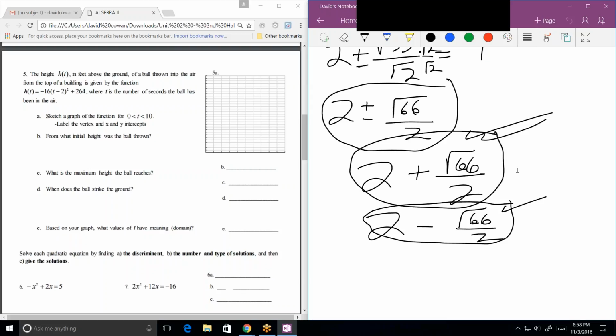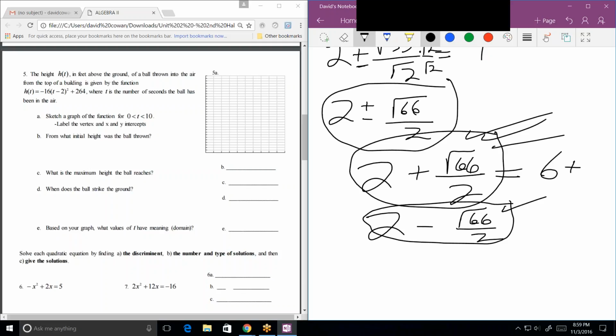Based on your graph, what values of t have meaning? It'd be anything between 0 and 10. Actually, it would be anything from 0 to this number. In other words, after it strikes the ground, it doesn't keep going. So let's round this off and call it 6 and change.